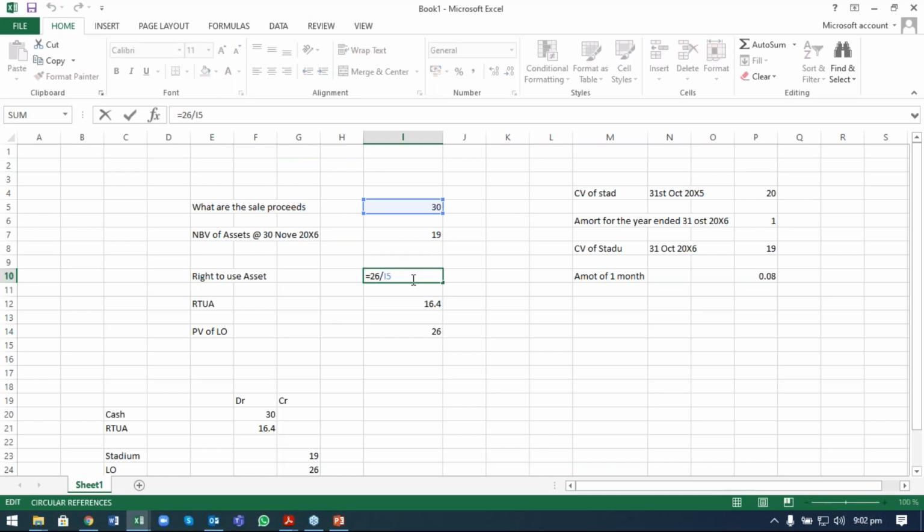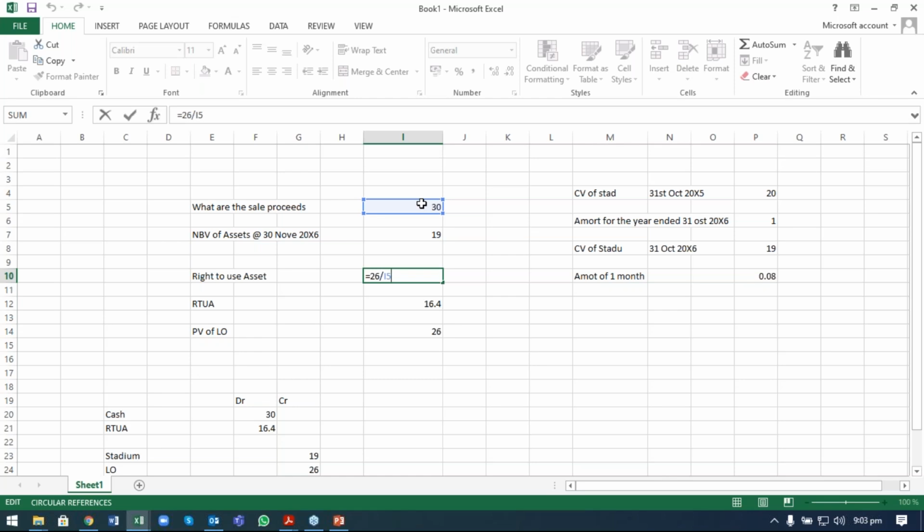26 million for this right to use obligation divided by 30 million of sale proceeds, the market value of an asset, multiplied by 100%. You need to make sure the right to use asset should always be calculated with respect to the market value of an asset, rather than the sale proceeds, because within SBR you might find that sales are done for more than the market value or lower than the market value.